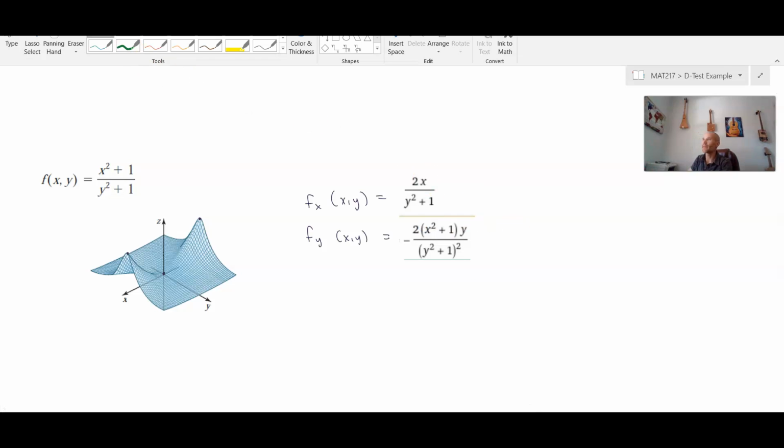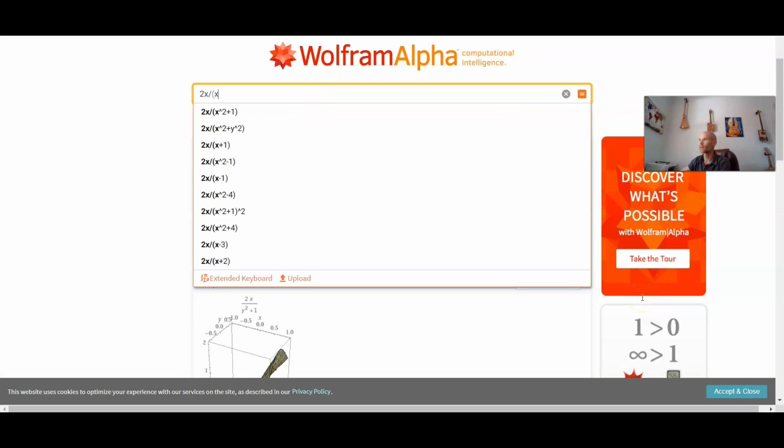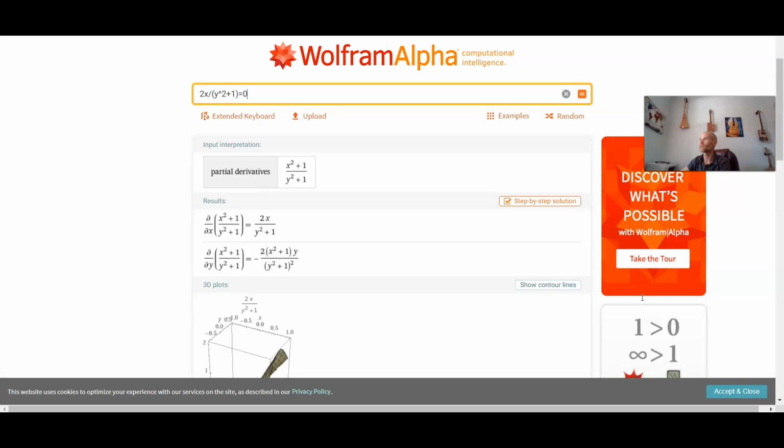And now we need to set these equal to 0, and we need to solve that system. So again, we'll come back to Wolfram Alpha and we'll solve this system. So what I'm going to enter in is the first equation, 2x over x squared plus 1. I'm sorry, y squared plus 1. And I need to set that equal to 0.